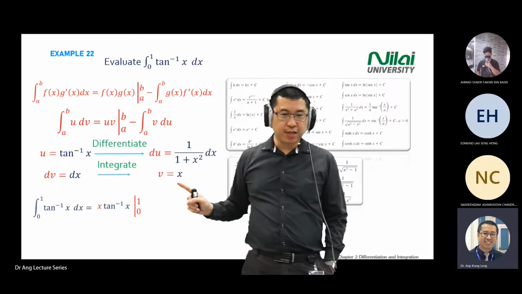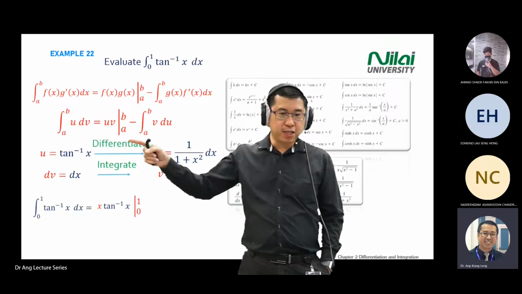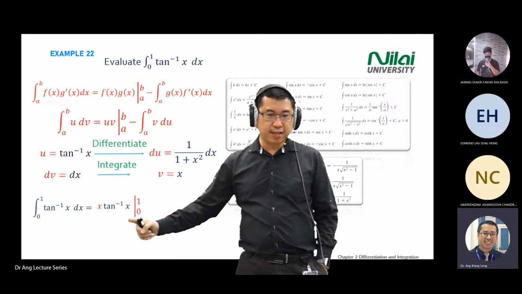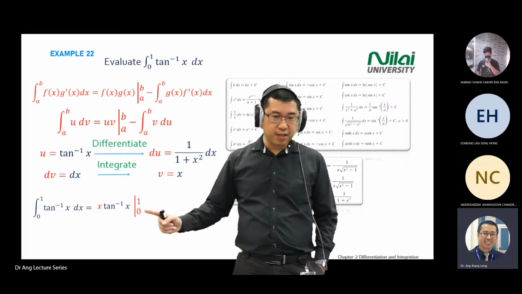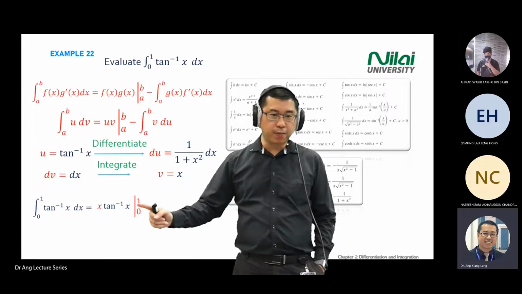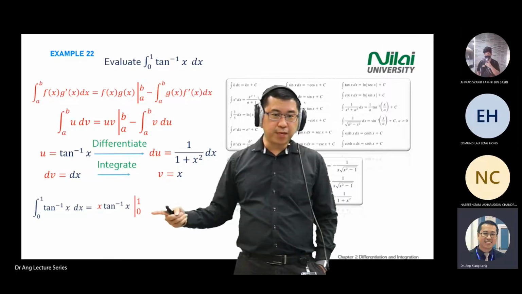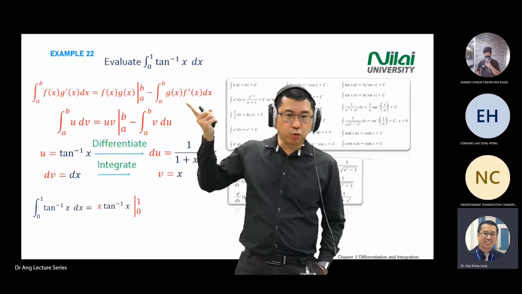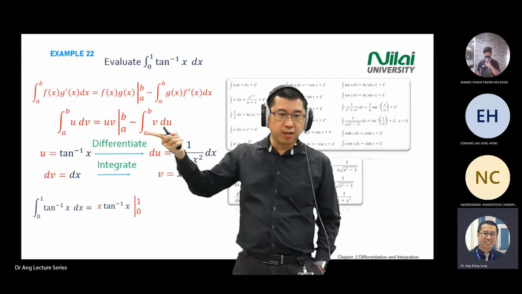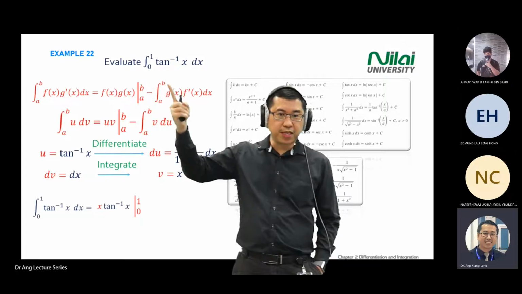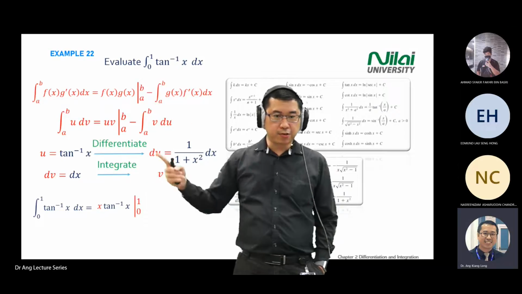You take u times v, so you get tan inverse x times x. Basically, you rearrange it to x tan inverse x, and you copy the limit symbol of this one. It means later you need to substitute the values of b and a. So what are your b and a? You refer to the general equation and the question. Your a is 0, b is 1. So you just substitute accordingly. You just compare and then you substitute. Nothing hard here.